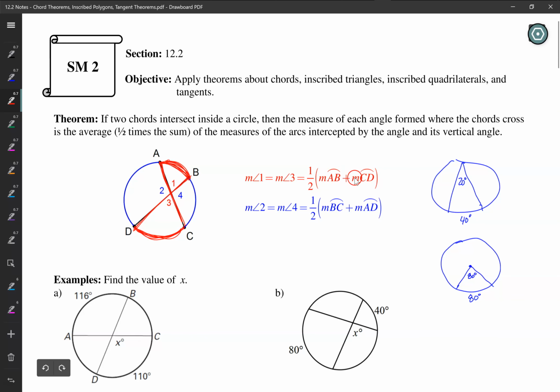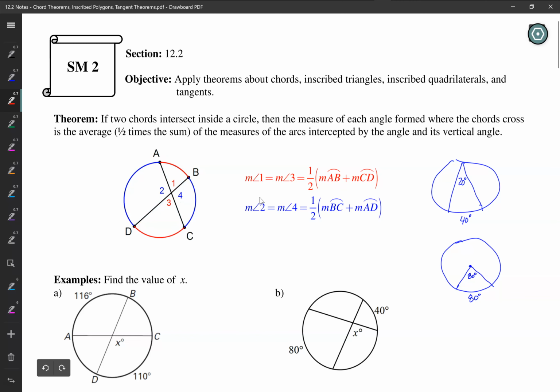And adding something together and dividing by 2, that's how you find an average. So these two angles are the average of the two arcs.